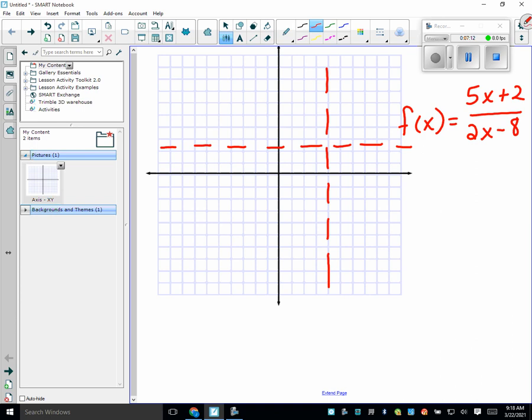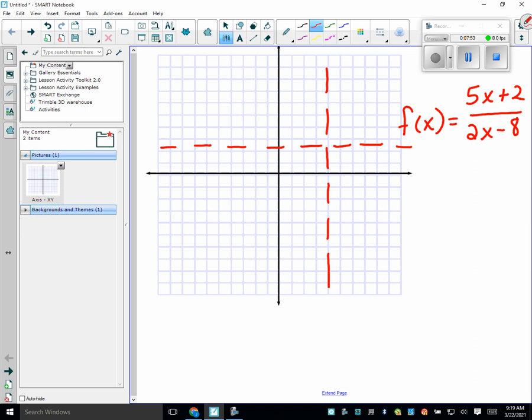Now, can you graph it? Is there 2 pieces?